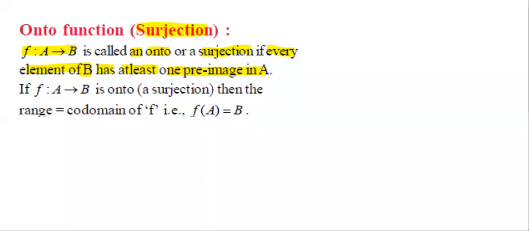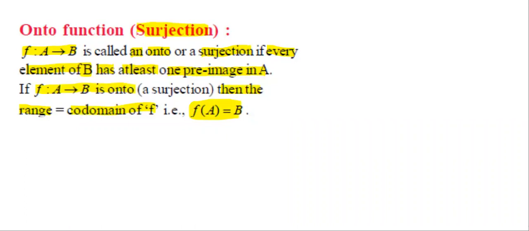Another definition is that if F maps A to B is onto, then the range of F is equal to the codomain of F. That is, F of A is equal to B.